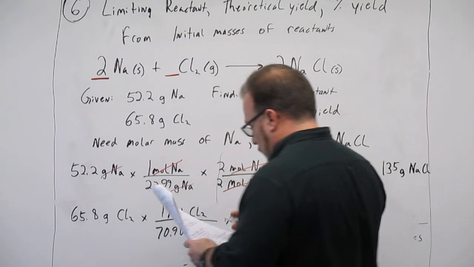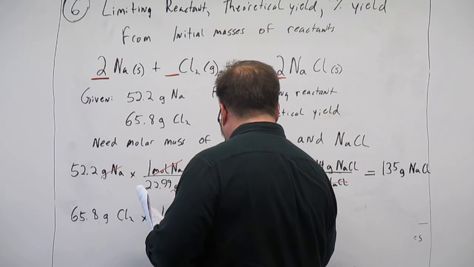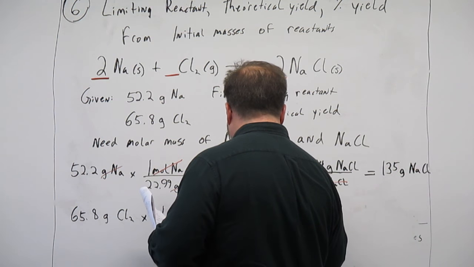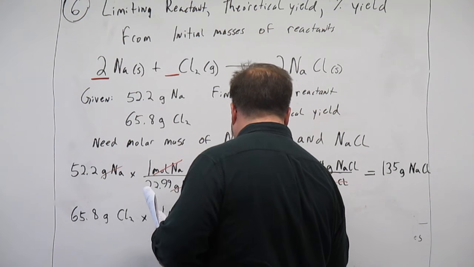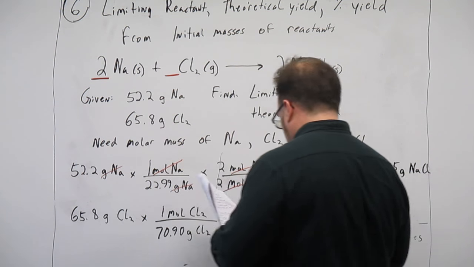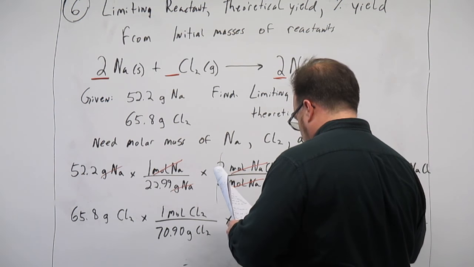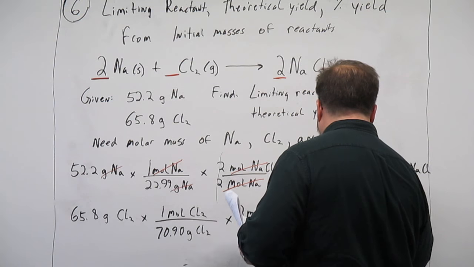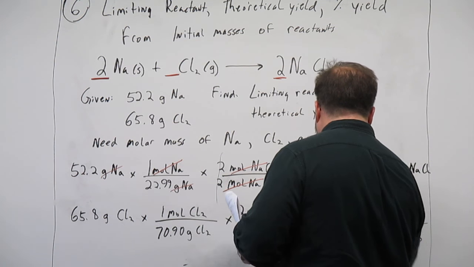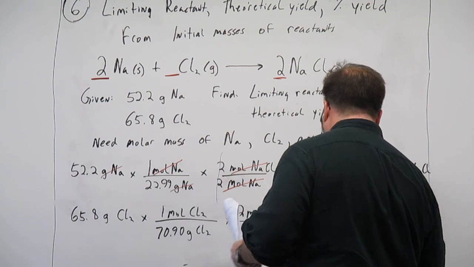From the chemical equation, I know that I've got a relationship between the moles of sodium chloride, NaCl, and moles of chlorine gas. And then I've also got that same relationship for NaCl, 58.44 grams of NaCl divided by 1 mole of NaCl.